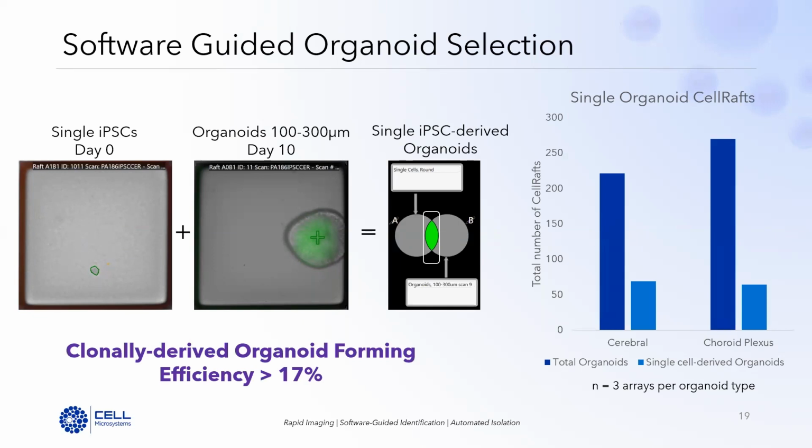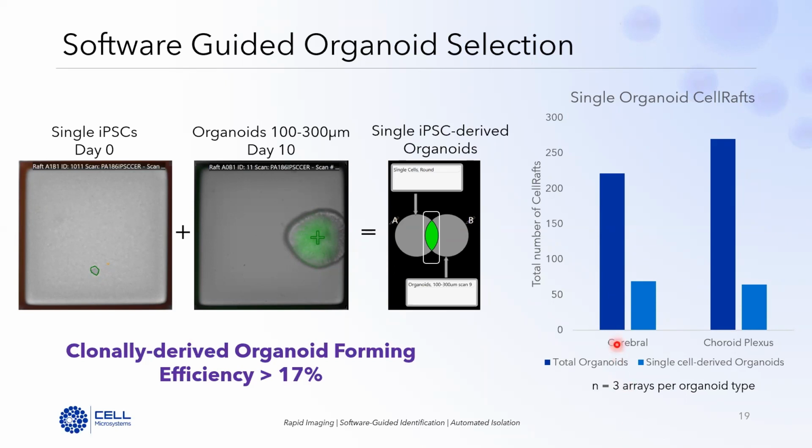So you can see here that not only are we able to identify our CellRafts that have our organoids of interest, but we're actually able to use the software to quantitate the metrics of our differentiation process. So here you can see we have some data on 3 arrays for each of those organoid types.